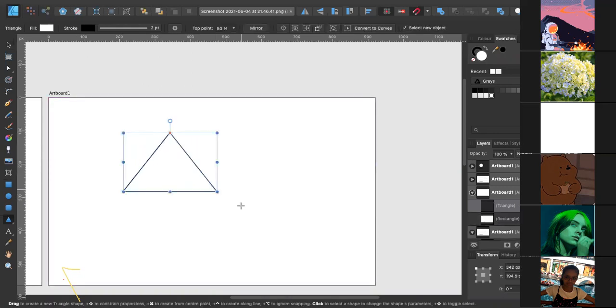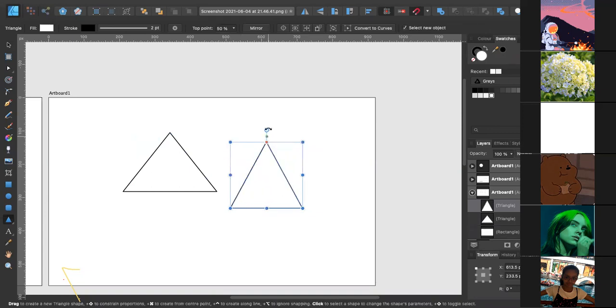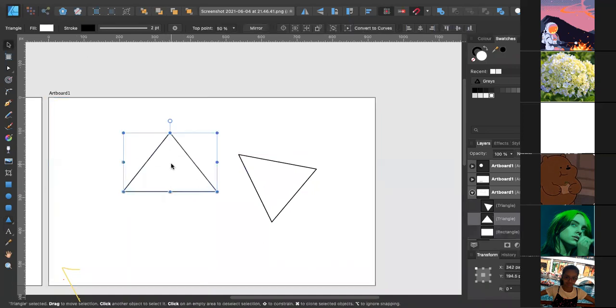This is a triangle that I've drawn. There are many ways I can draw triangles. This is another triangle. I can make this one. So many ways I can draw a triangle. So this is a triangle. And what happens with this triangle?